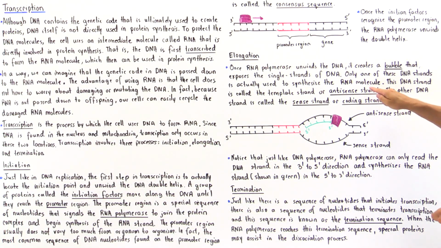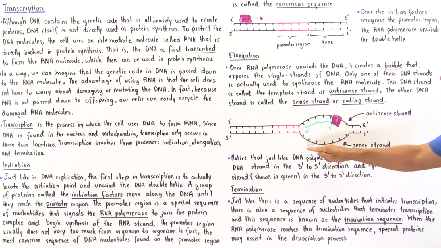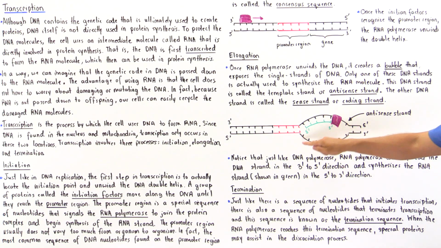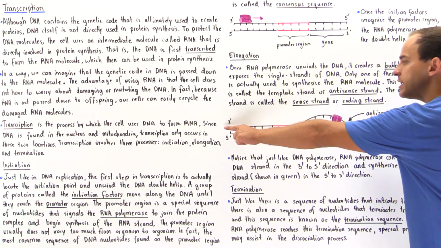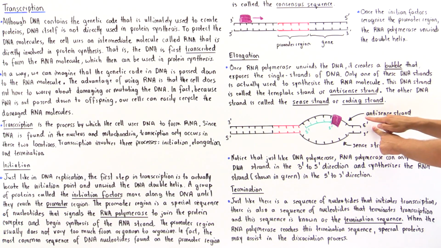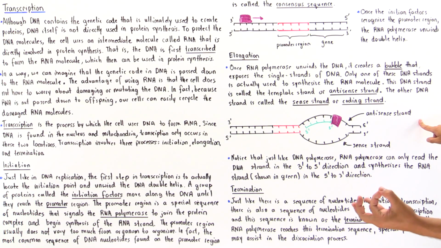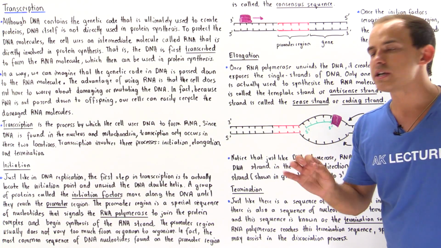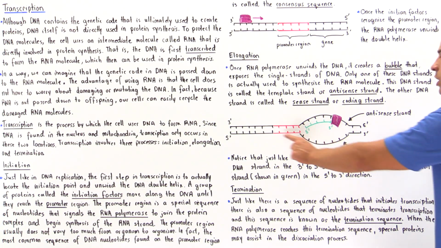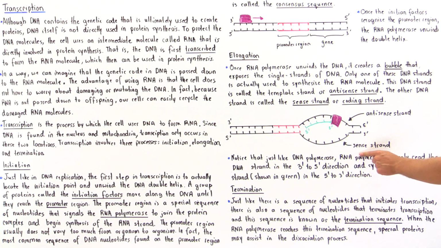So basically, the reason this is called an antisense strand is because it has a complementary nucleotide sequence to this strand here. So this 3 to 5 strand is known as the antisense strand. And now RNA polymerase uses the antisense strand to basically direct the synthesis of our RNA molecule. And the other strand is known as the sense strand or the coding strand.